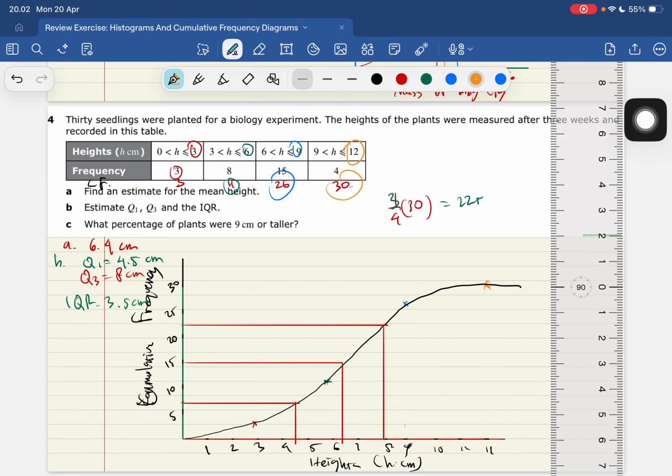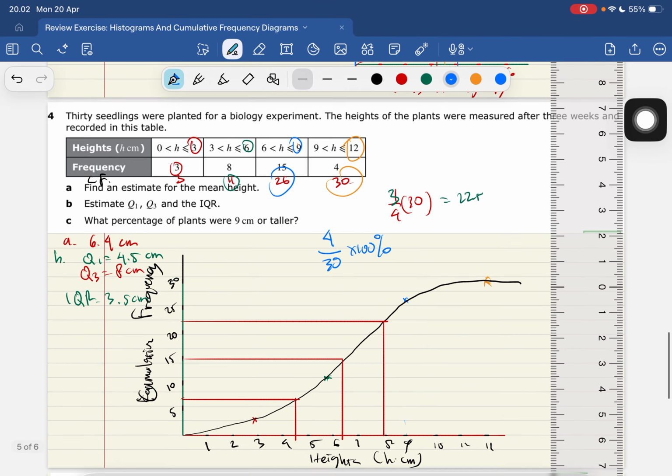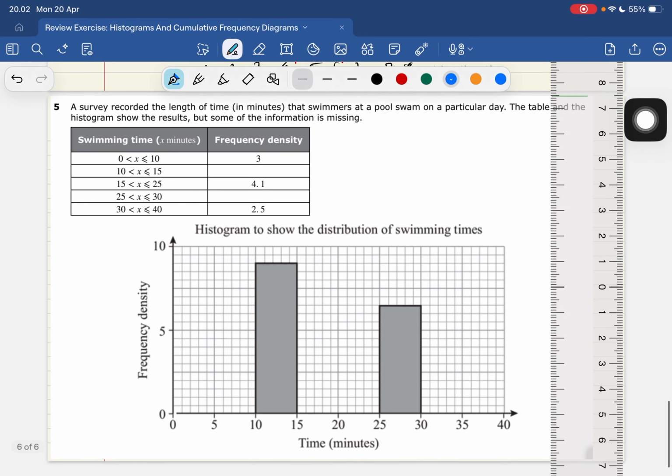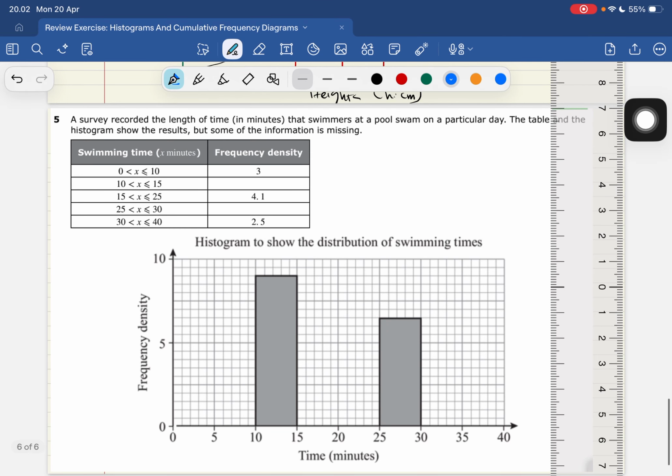We can see from here, 9 centimeter is 26. So only 4 of 30 times 100%. So the answer for C is 13.33%.